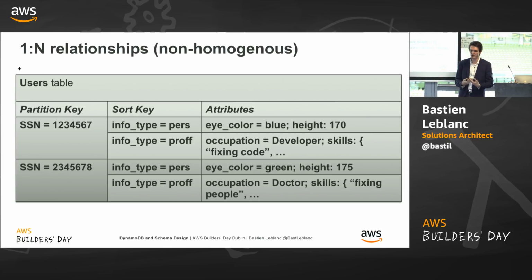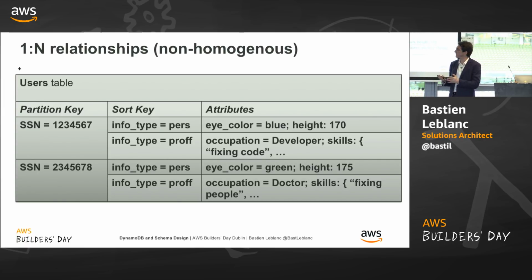What you actually do is use the partition key, still unique, and use the sort key, as we call it, non-homogeneous, to store different things, persons and professions, or skills, and you are still going with one table.